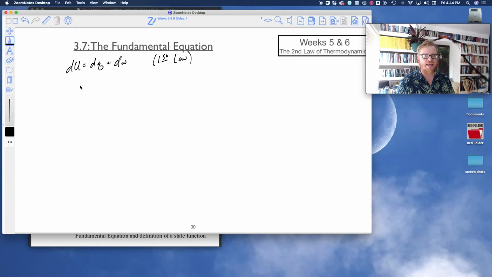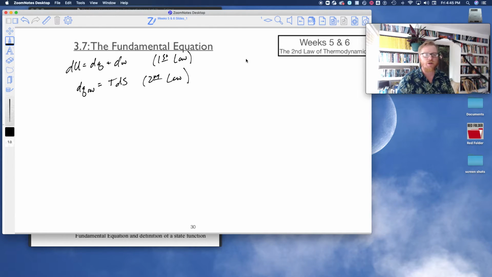We also know from the second law, and there's a number of ways we can write the second law, but one of those is dq reversible equals TdS, okay? Second law.